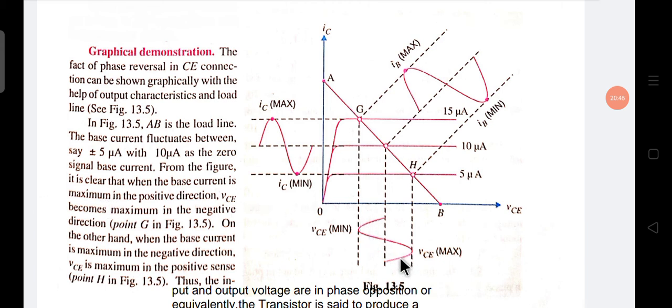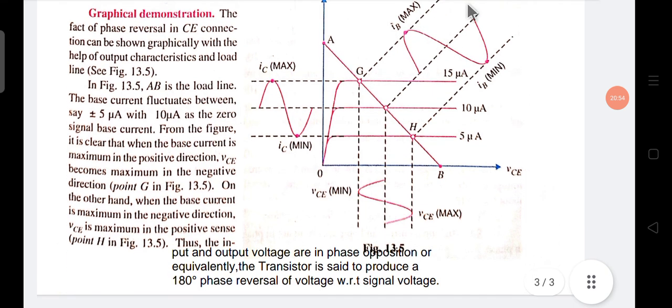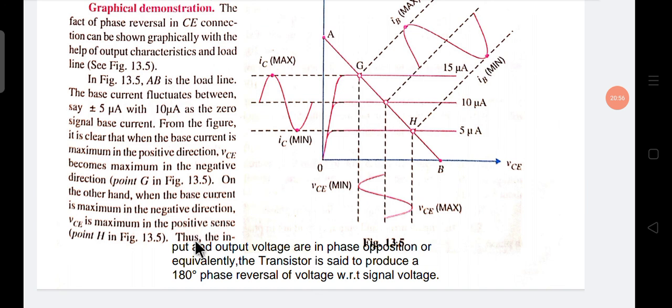You see, this is the VCE, this is the IC, and this is the IB. Thus the input and output voltages are in phase opposition, or equivalently the transistor is said to produce a 180 degree phase reversal of the voltage with respect to the signal voltage.